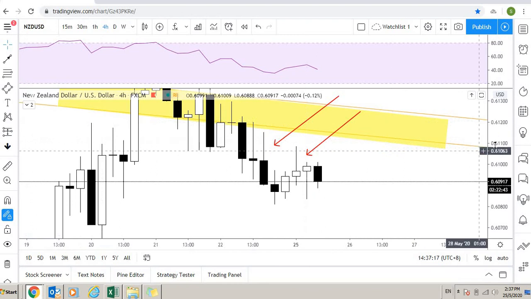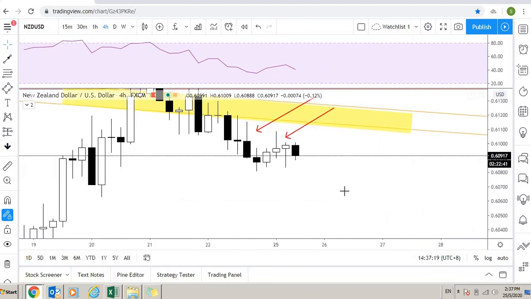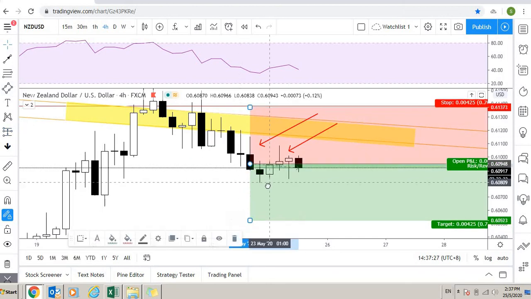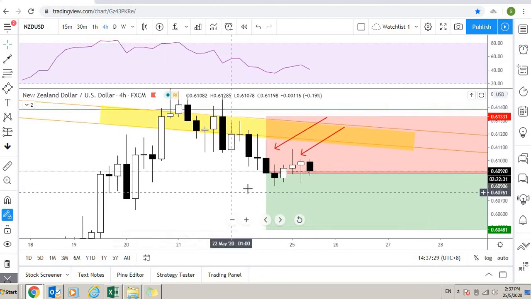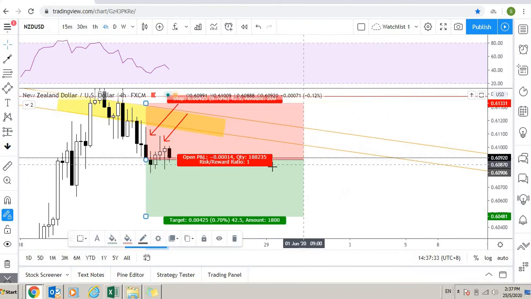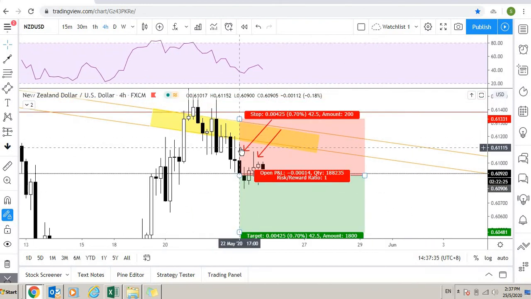So if I use this bearish bar as my entry signal, let's see what it will be. This will be my entry level. Let's say I open on a market level, then I put a 10 pips buffer above.